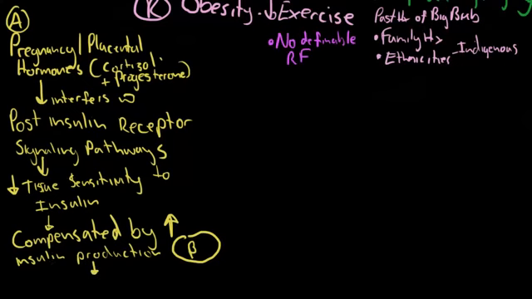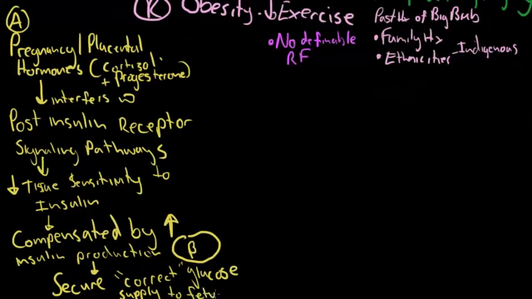Simple. So what this leads to then is a secure and correct, so it's compensated, not fully, but it is compensated, secure, correct glucose supply to the growing fetus. Yep, cool. That's pretty simple.